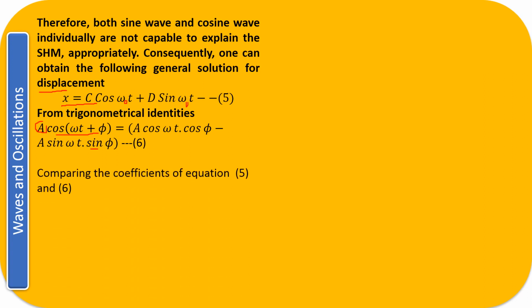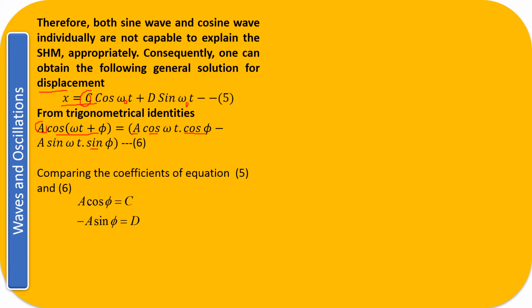Now compare the coefficients with equation number 5, and let us see what we can say. Here you have a cos phi, and here you have c, because here also you have cos omega t.